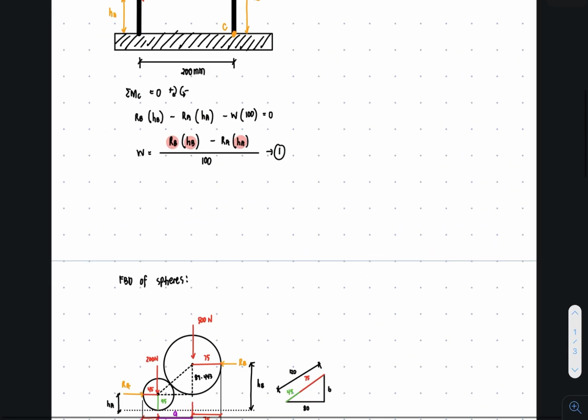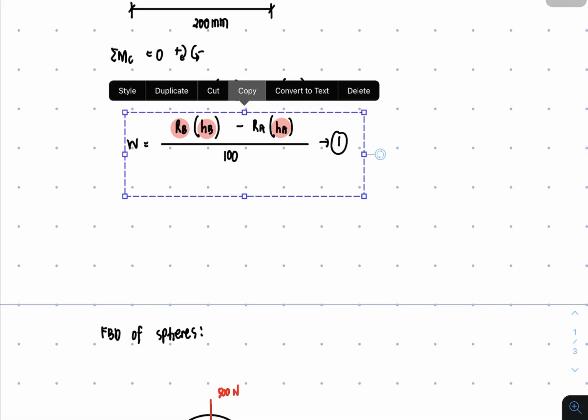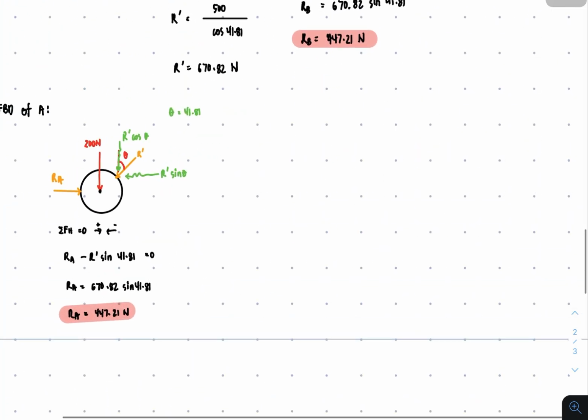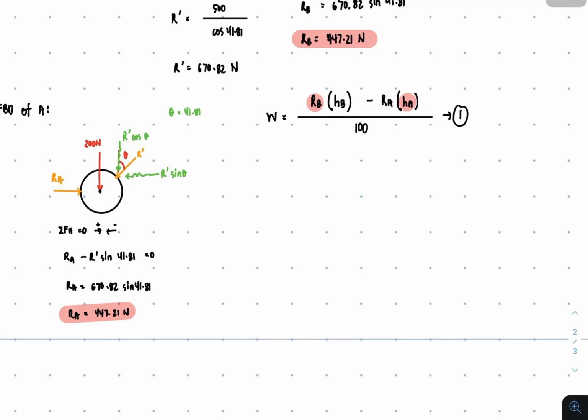So this time we're now going to use this equation so we can solve for the weight. What would be the value of the weight in order not to tip over the cylinder? Okay, let us substitute.